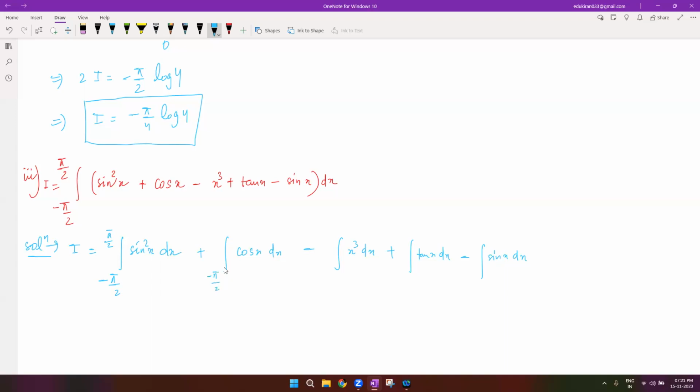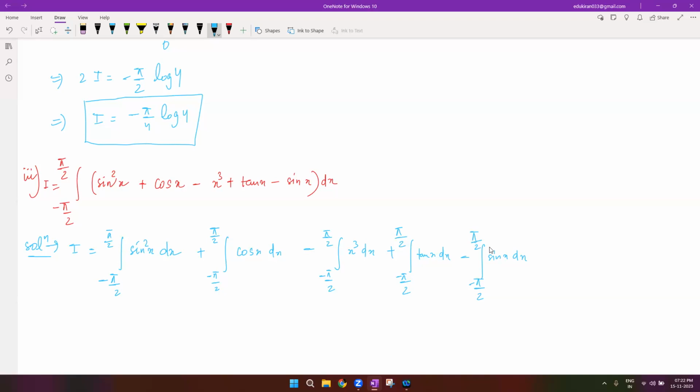And putting the limits. The impact of doing this is that if you solve every part individually, then you will be able to check every part individually and get the answer using the even function and odd function trick. So individually we have to check all these 5 functions as odd and even.